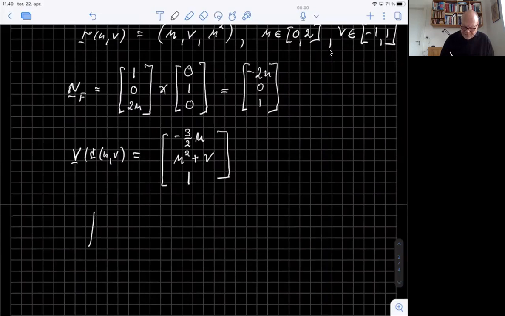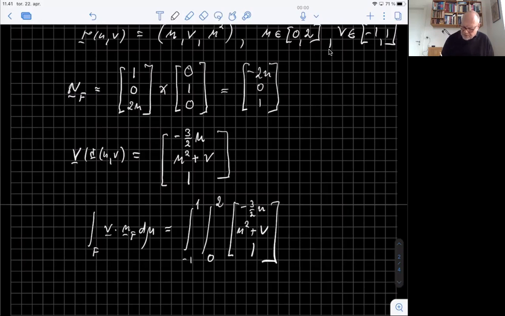It will be the integral, I write it generally here, of the vector field dotted with the unit vector f d nu. And when you unfold this with your parametric representation, you get this double integral where you integrate v from -1 to 1, and you integrate u from 0 to 2, and then you get -3/2 u, u squared plus v.